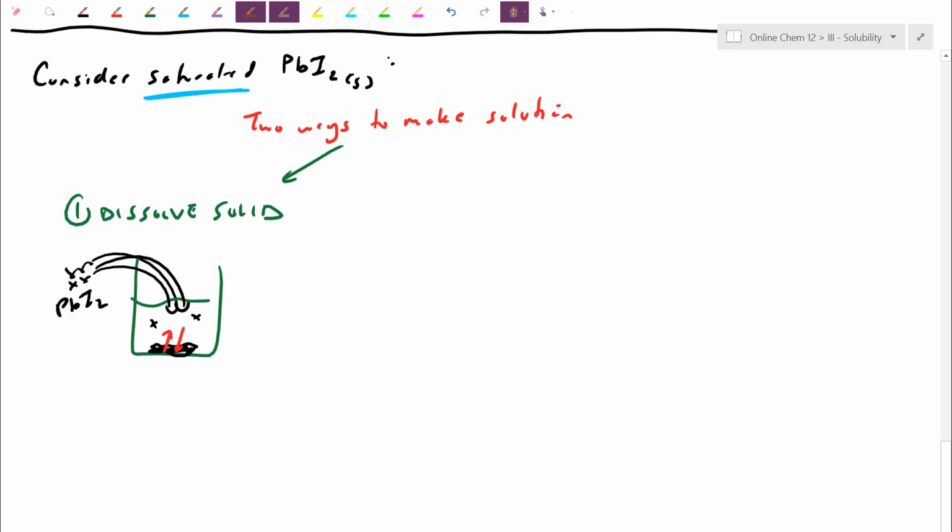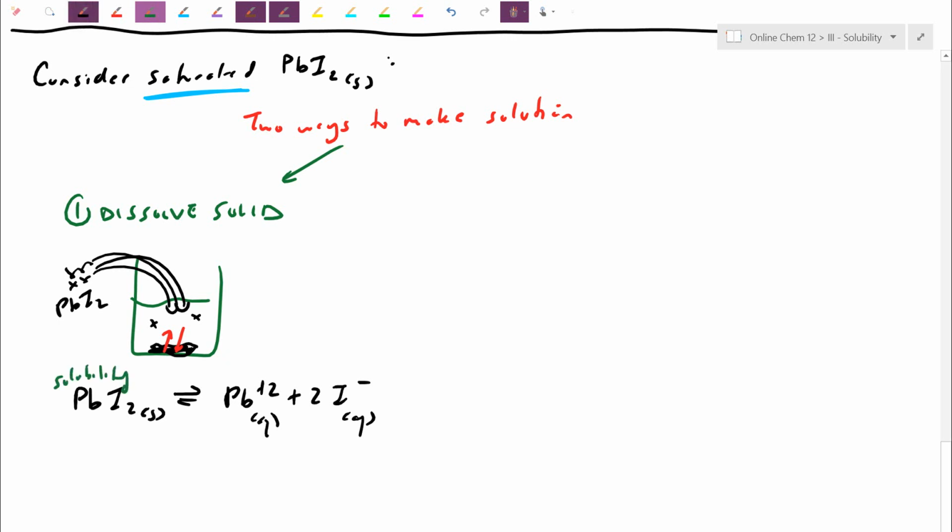In that case, I would write out the two equations. I would write out PbI2, that's your solid. Remember, we put solids on the left-hand side so that your Ksp expressions end up looking nice. Going to Pb2+ and 2 I- ions, aqueous and aqueous. Aqueous stands for dissolved in water. In this case, the word solubility always describes the solid.